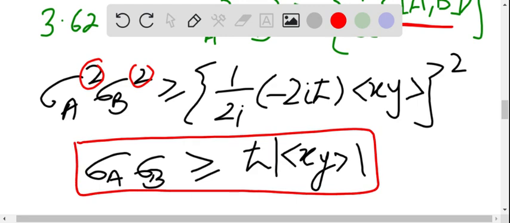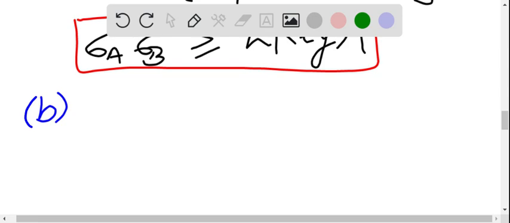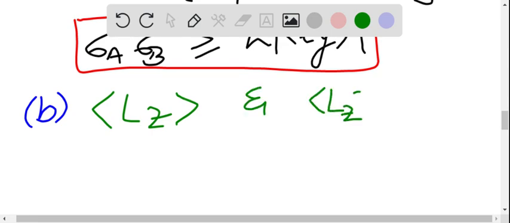Now the next part, that is part B. For part B, we needed to evaluate sigma sub B in the hydrogen state psi n l m, right? So what we need for that is basically the expectation values of L z and L z square, in some arbitrary hydrogenic normalized state, let's say psi sub nlm.